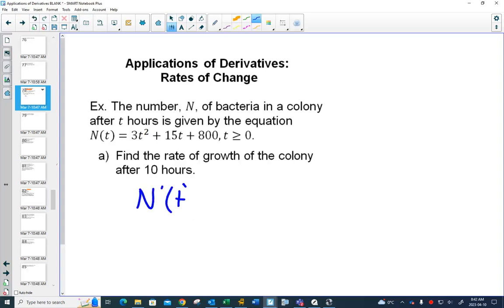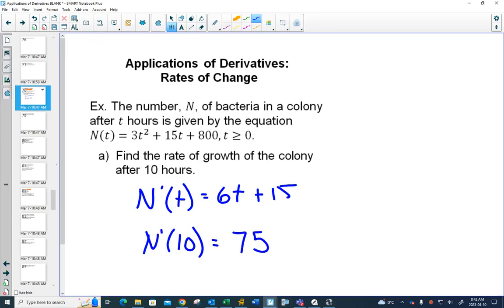And what that derivative will tell us, so here it's going to be 6t plus 15. After 10 hours, plug in 10, you would get 75, and then we can use our units here.